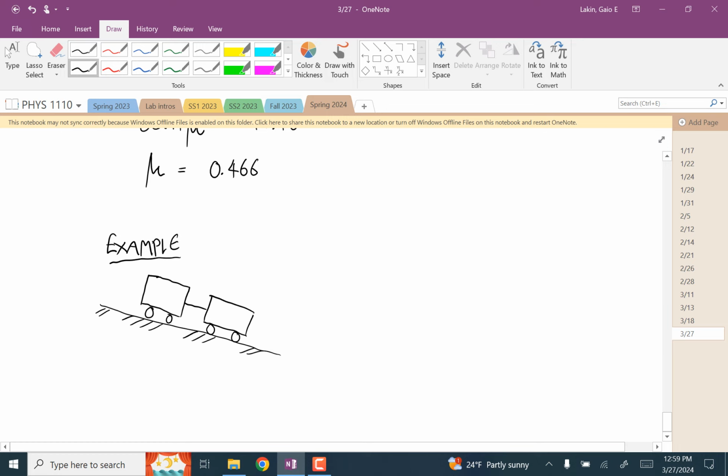And let's say this one has a mass of 4 kilograms. This one has a mass of 5 kilograms. And there's a force this way of, let's say, 20 newtons. And this angle is 20 degrees.